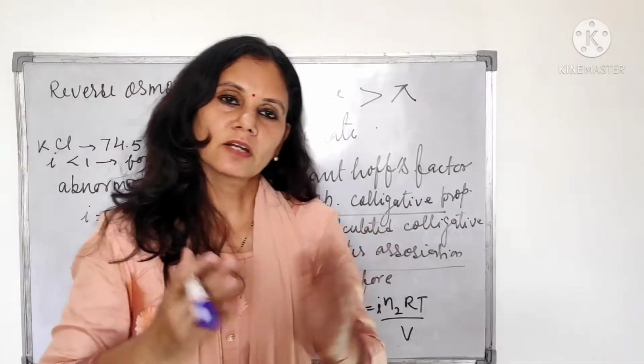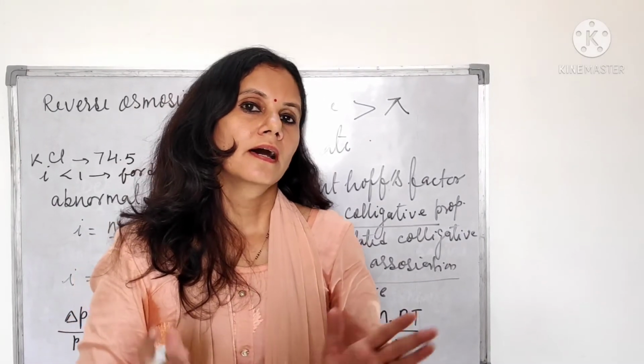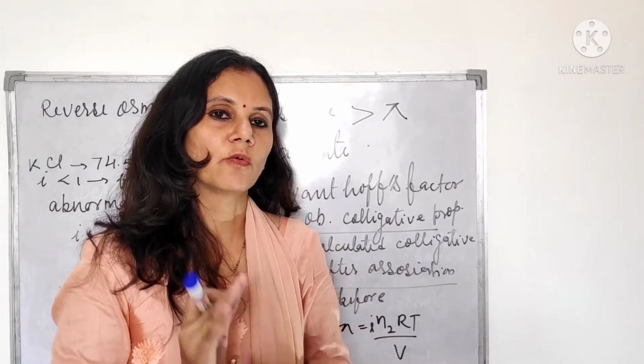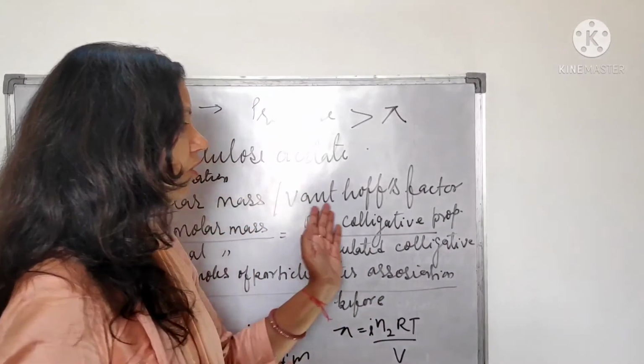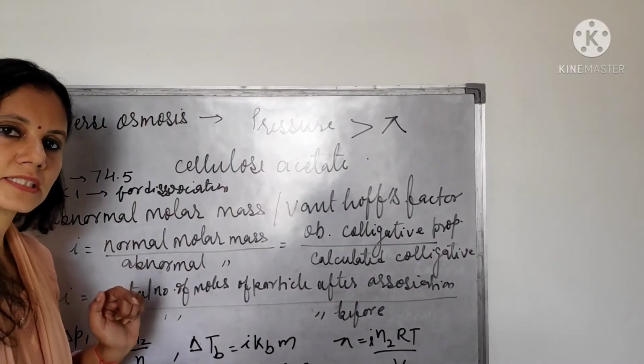So these are called abnormal molar masses, and to study those quantities, Van 't Hoff gave one factor, that is called the Van 't Hoff factor, and it is denoted by small i. And what is its value?